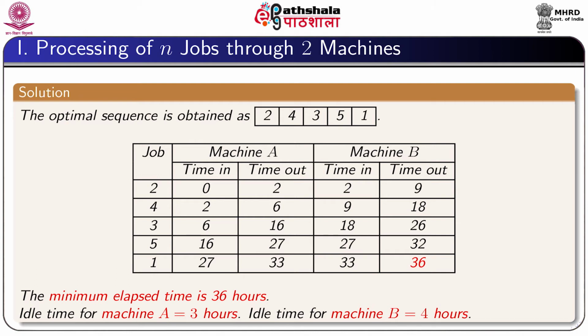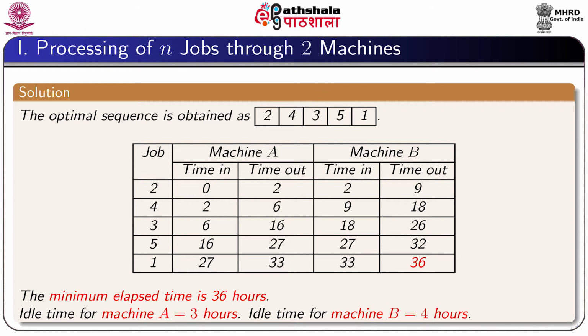Similarly, machine B has to wait 1 hour at the end of processing job 5, when it completes at 32 hours.